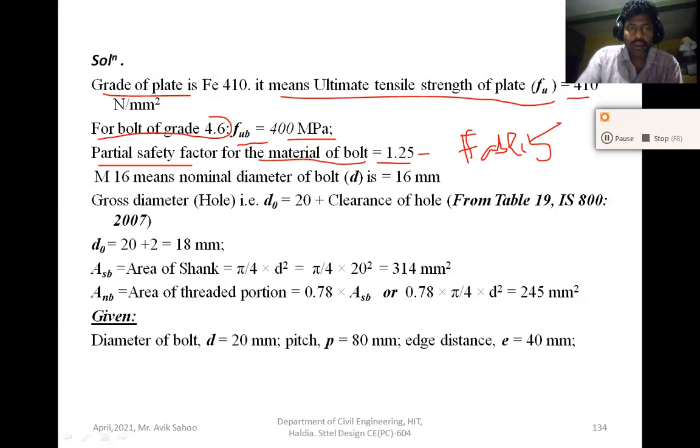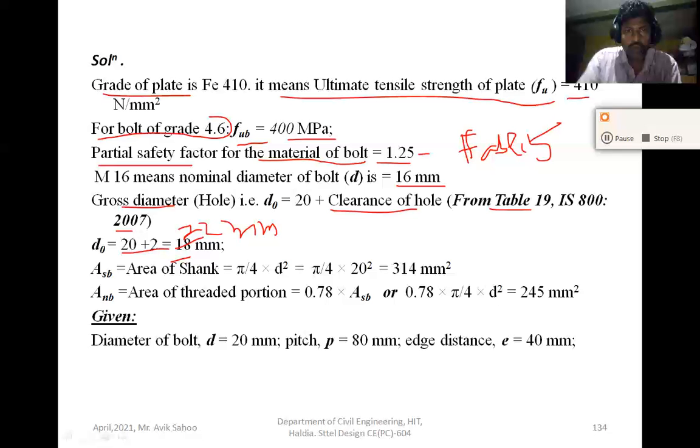M16 means the nominal diameter of the bolt, which is denoted by small d, is 16 mm. So the gross diameter is the nominal diameter plus clearance of hole, the clearance given in Table 19 of IS 800:2007. So overall the hole diameter is 22 mm.